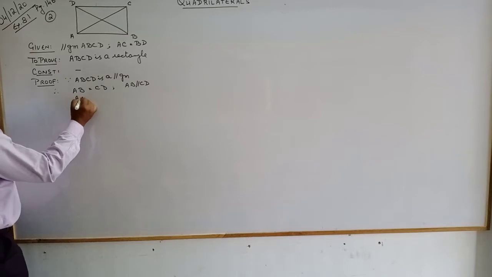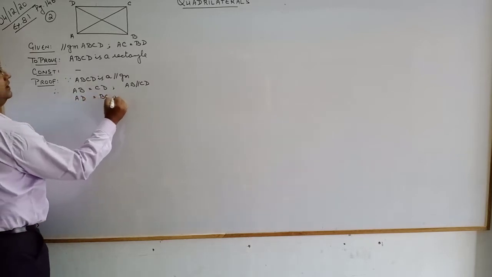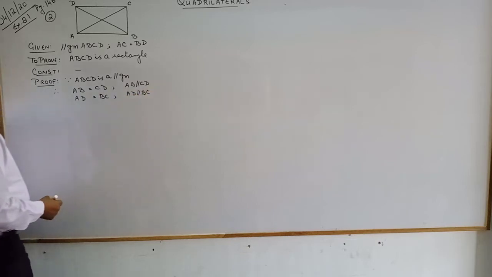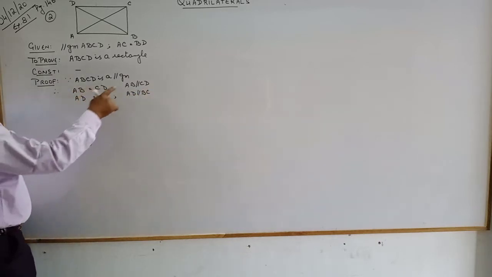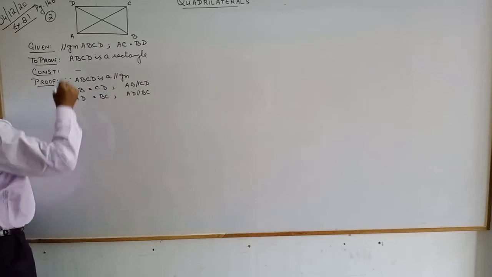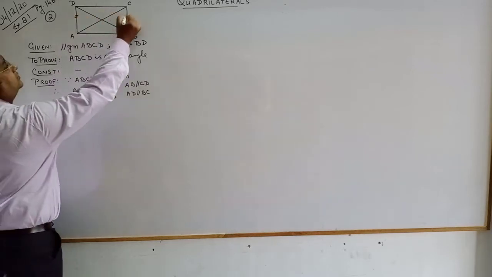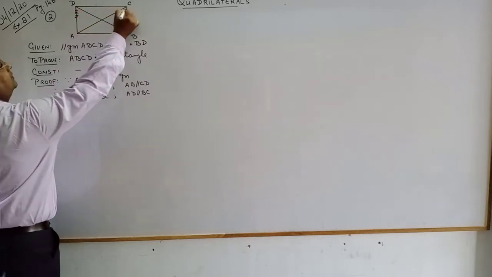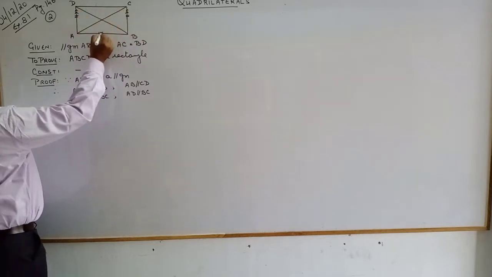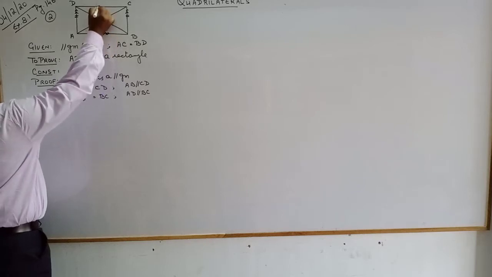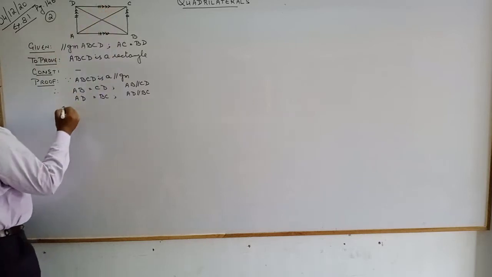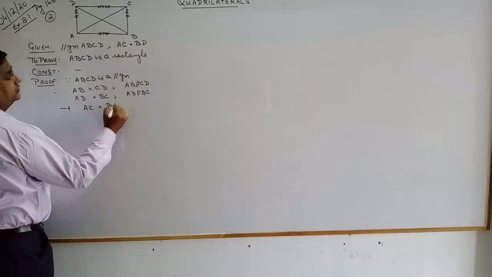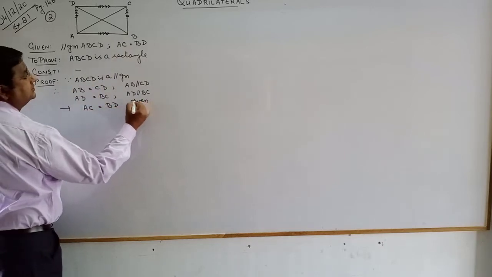And AD is equal to BC and AD is parallel to BC. These are the quantities we know. Opposite sides of a parallelogram are equal and parallel. Along with this, the diagonals are equal, AC is equal to BD. This is given to us.